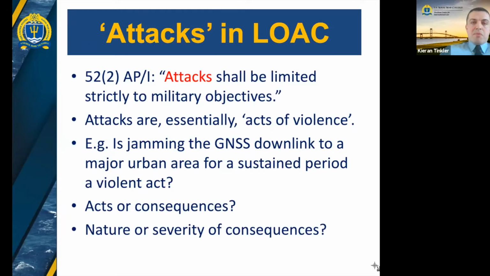So the practical import of this is that something short of an attack doesn't have to be restricted to military objectives. So, for example, for a long time, including World War II, PSYOPs or psychological operations have been directed against civilians. That is permissible under law because that type of activity is not an attack.